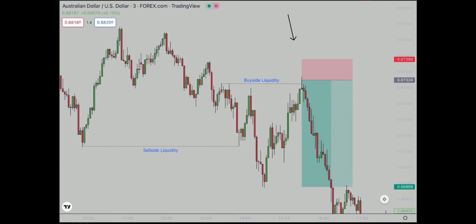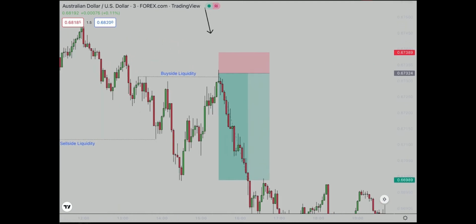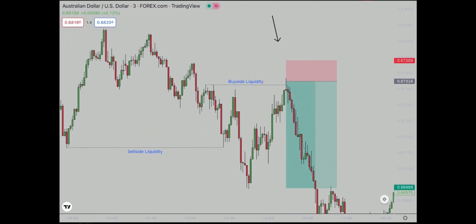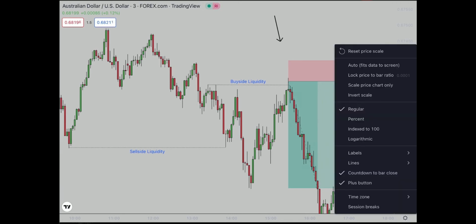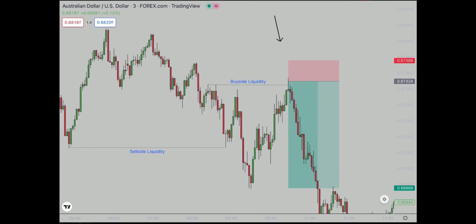Right after you recognize these patterns, you will be able to take them into the markets. And you want to use these patterns with time and price theory, which means your setup would occasionally form around 8:30 New York time or 9:30 New York time.